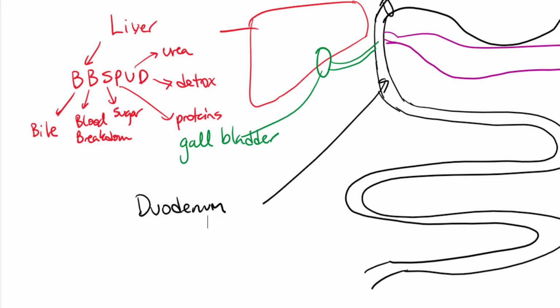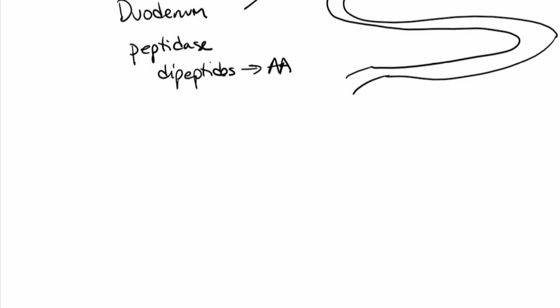So now these next ones are produced in the duodenum and used in the duodenum. So the first one we have is peptidase, and this breaks down dipeptides into amino acids. And so the goal of all digestion is to break things down into the smallest parts. The next one the duodenum is going to produce is maltase.